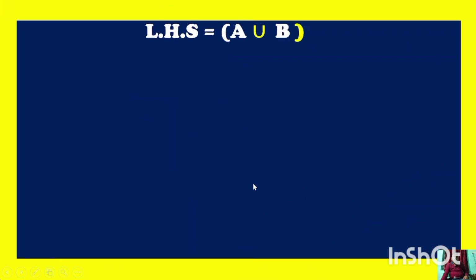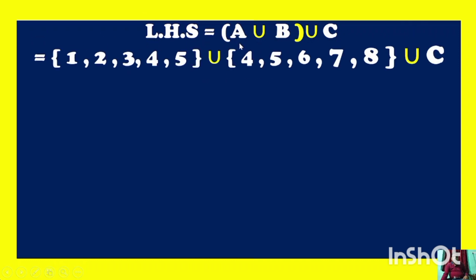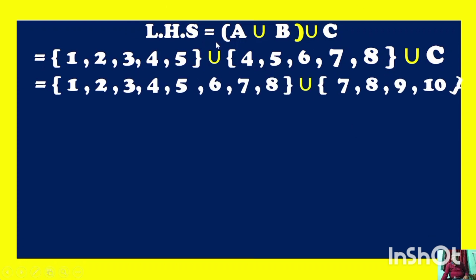For that, let LHS, left hand side, be (A union B) union C. First of all, the elements of A are 1, 2, 3, 4, 5, union the elements of B, which are 4, 5, 6, 7, 8. First you have to find A union B. A union B has all the elements of A and B, which are 1, 2, 3, 4, 5, 6, 7, 8, union set C, whose elements are 7, 8, 9, 10.